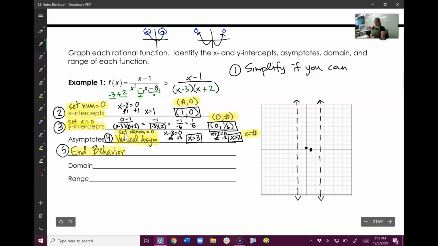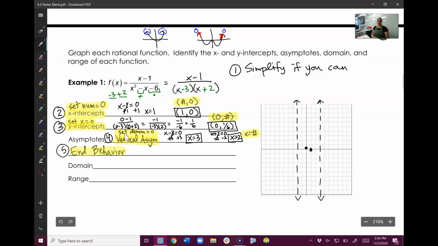And we talked about how your end arrows should always point towards your end behavior. Similar thing here. This end behavior is going to tell us what the end arrows do. But a big difference from last chapter is this time, instead of going up or down, our end behavior arrows are going to go to the side, which is a little different than what we've been doing.